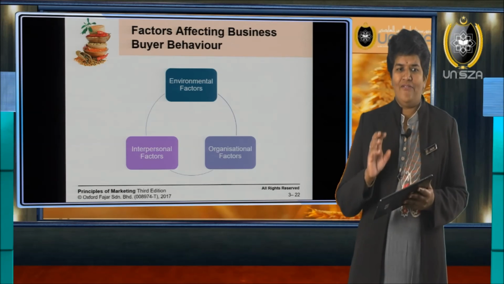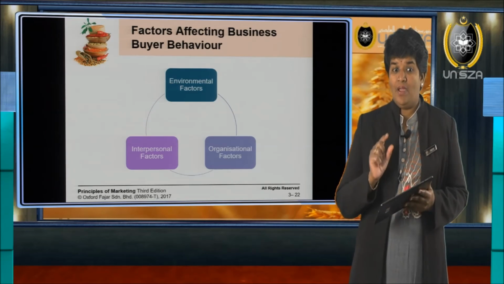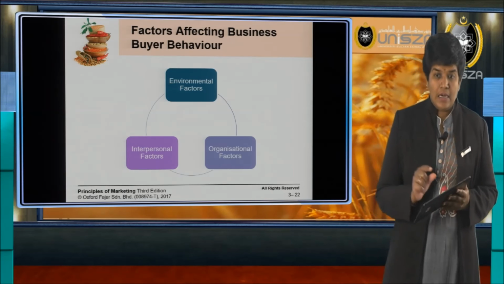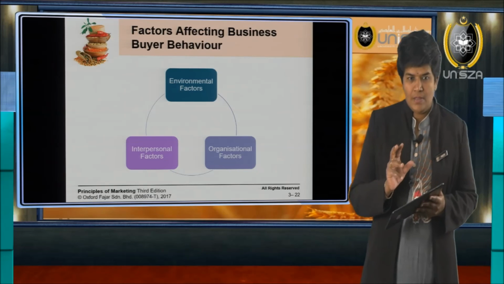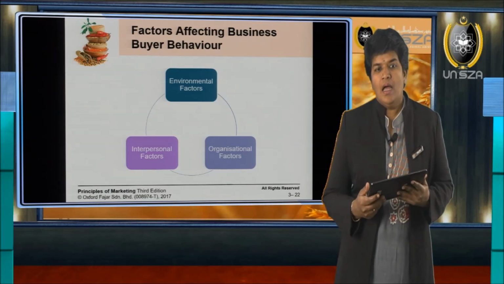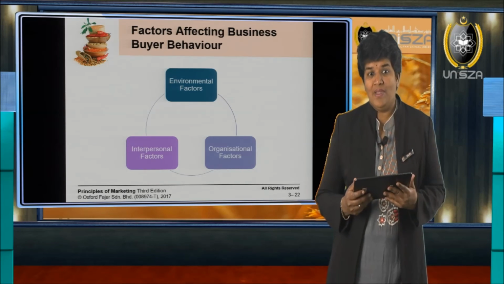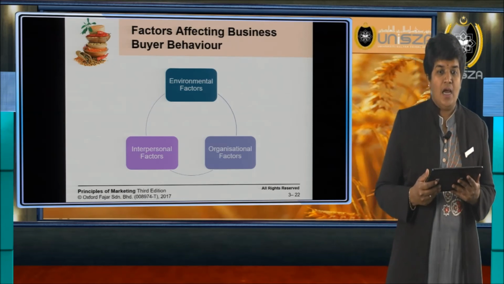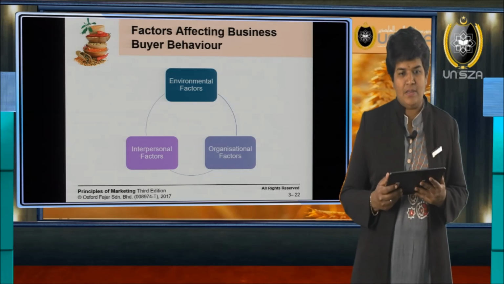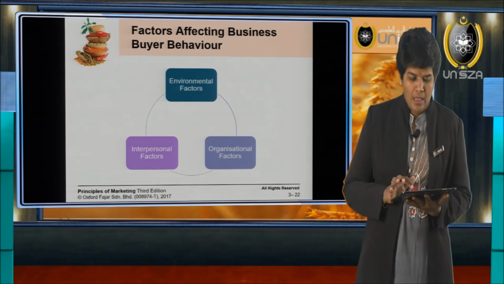Factors affecting business buyer behavior: there are three main elements that affect the buyer behavior of business organizations. They are environmental factors, interpersonal factors, and organizational factors.